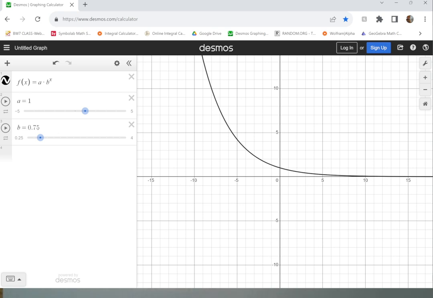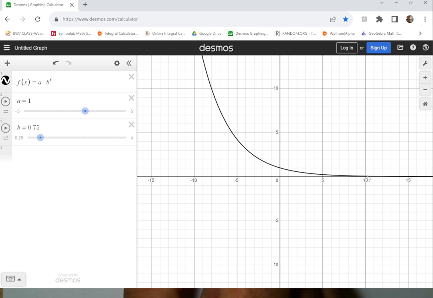Notice this is where it's decaying, if we think of the horizontal axis as time progressing. It comes from being up here at positive infinity and then decreases and decreases until it has this asymptotic behavior. One thing that does not change is that the horizontal asymptote is still the x-axis.